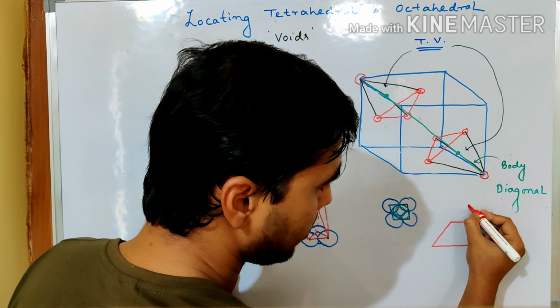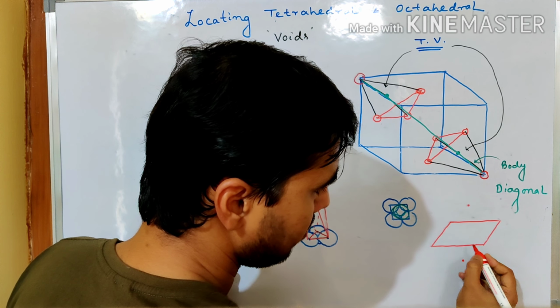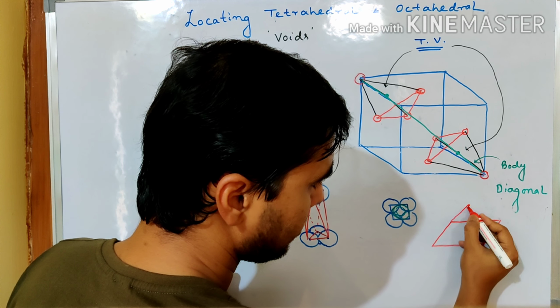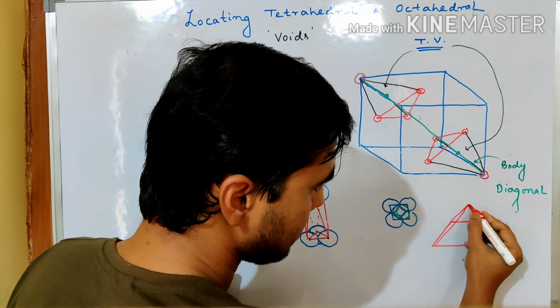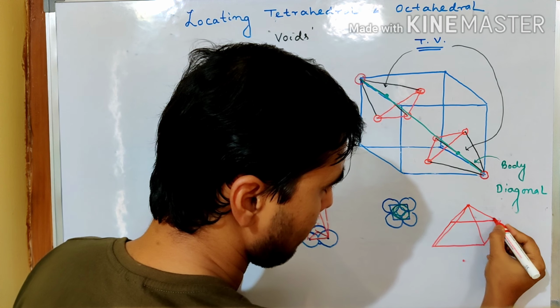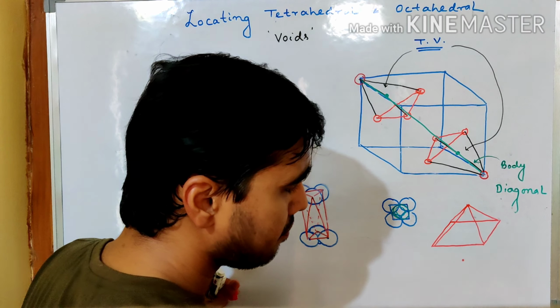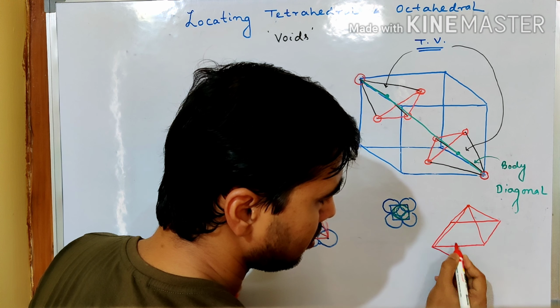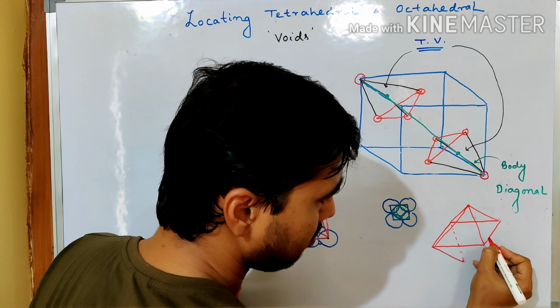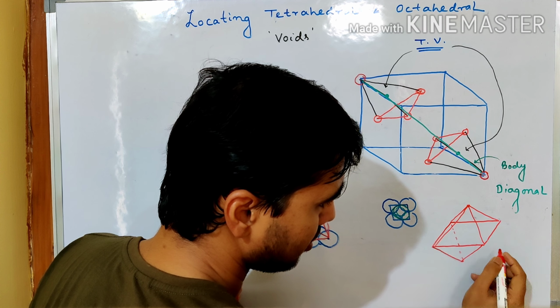There will be one atom here and one atom below. So like this, if I join them, they form the square planar structure.